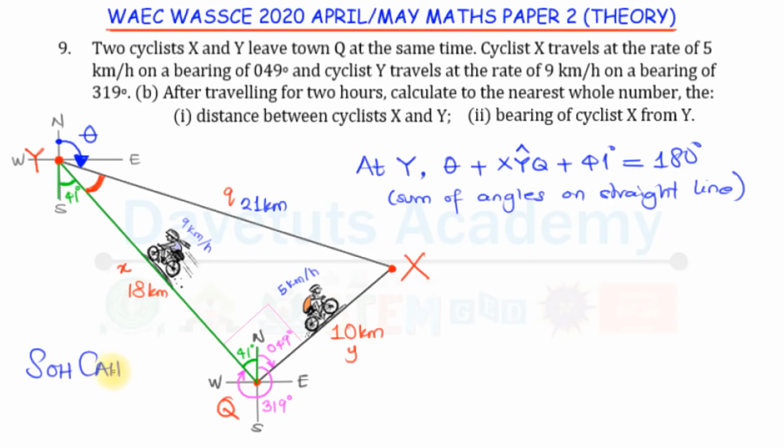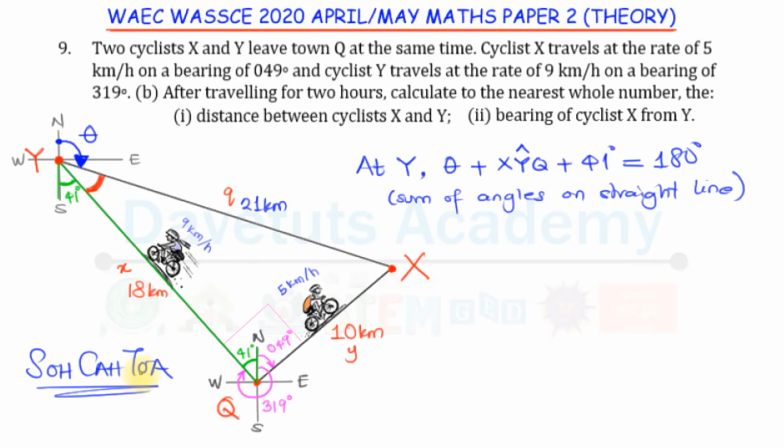SOHCAHTOA is a trigonometric identity that we can use for a right angle triangle like this, in which we are looking for a particular angle while we know all the sides and we also know the right angle included. So here, let's say we want to use either opposite and adjacent, but we want to relate it to this particular angle. Which one do we use?